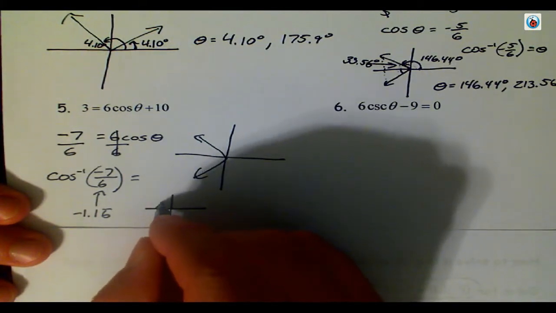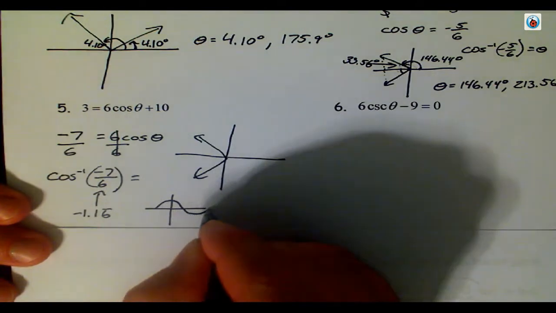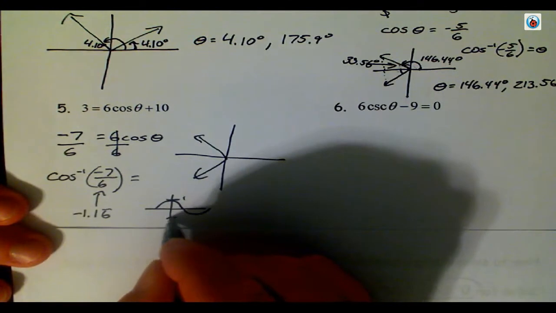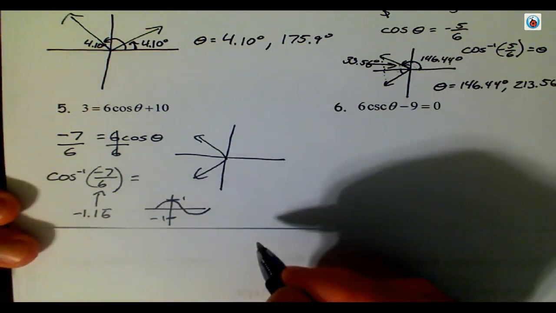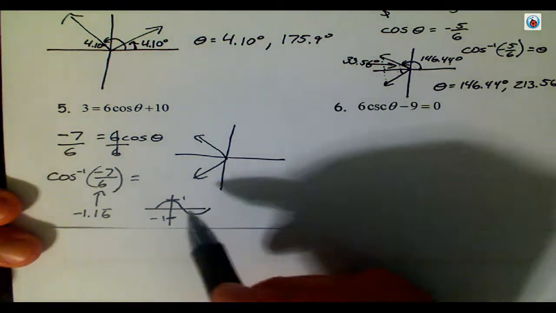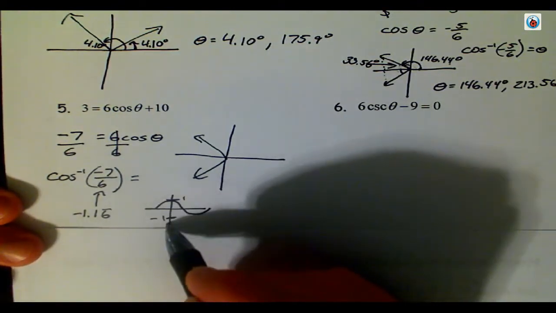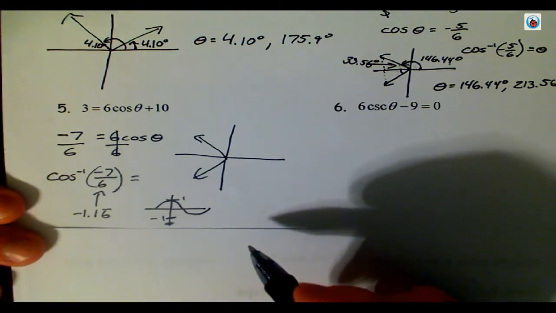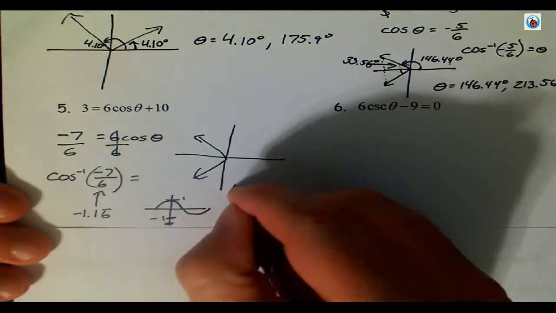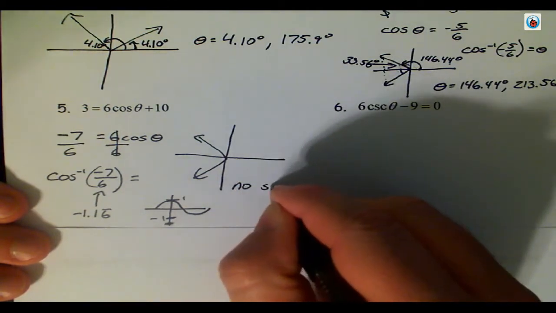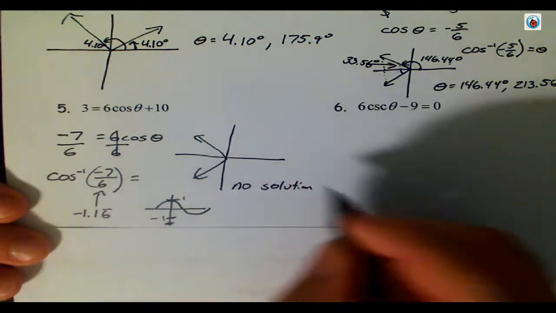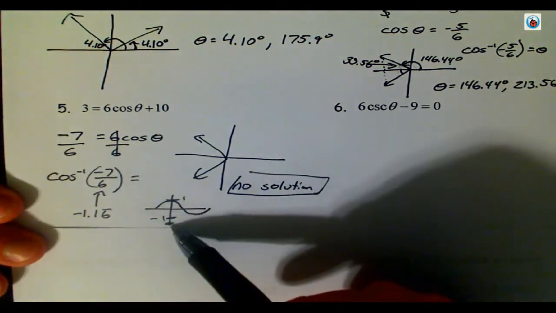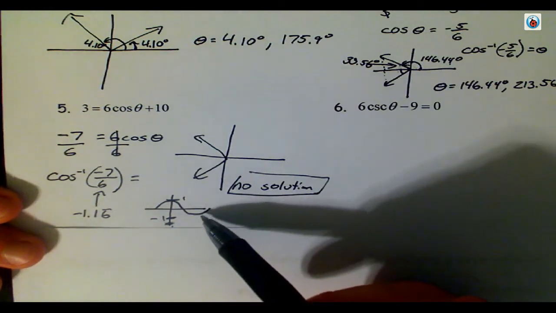They go along just like that, where this is 1 and this is negative 1 with our waves. This is below negative 1, which means it would not be on our graph, which means there is no solution to this. It's not on the graph, so I can't actually get an angle and a value.